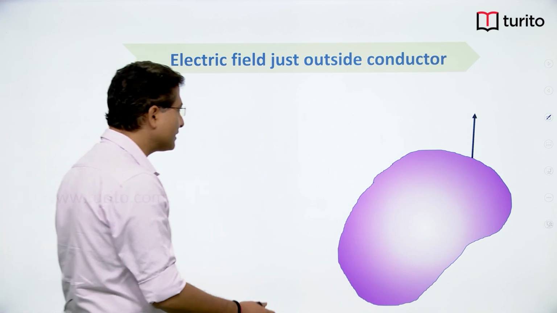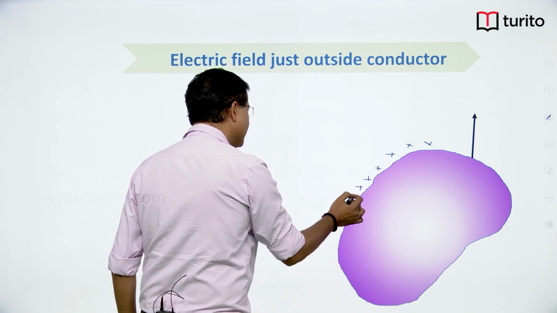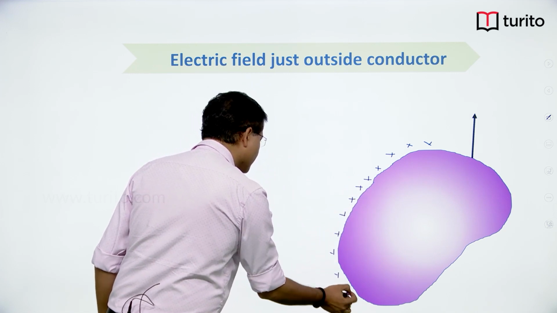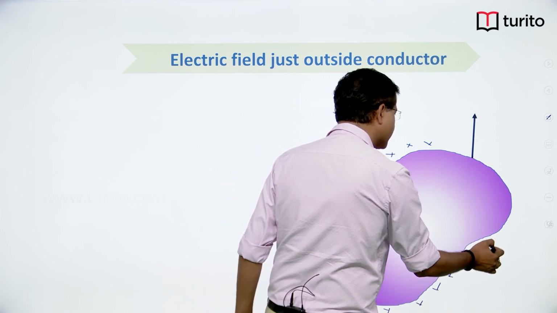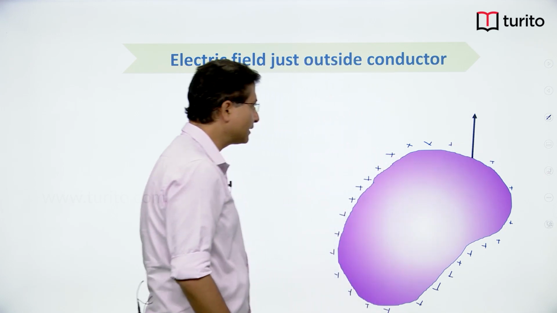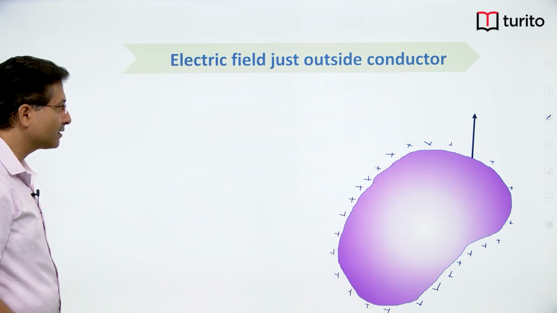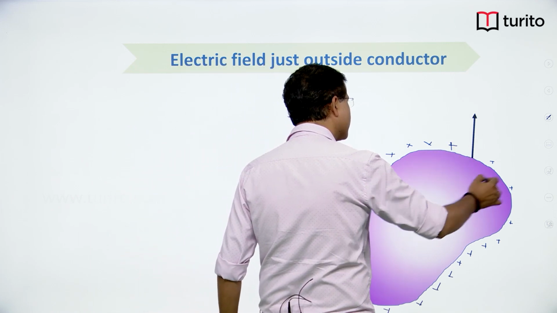So, visualize that this is a charged conductor, and it has got charge something like this, right, and I take a random direction of the field on the surface.